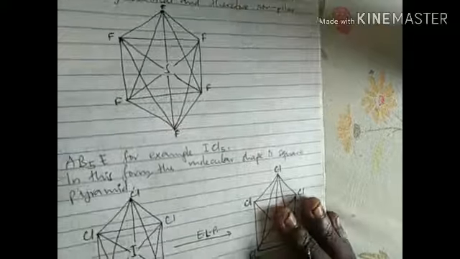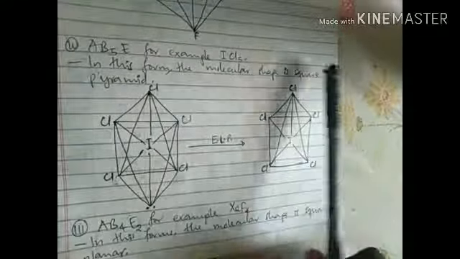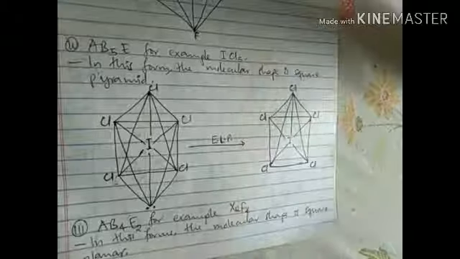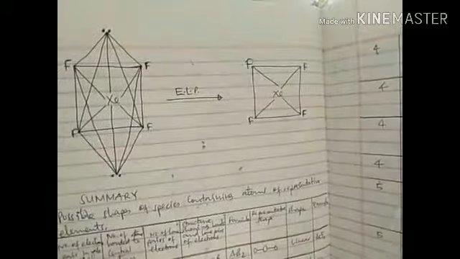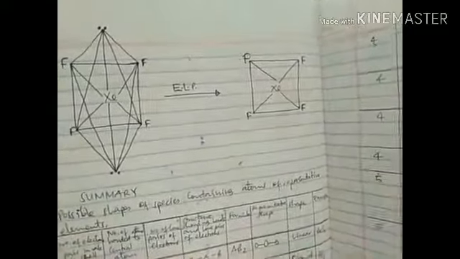And in the presence of a single lone pair, the molecular shape changes into square pyramid. And in the presence of two lone pairs, it changes into square planar. As you can see here, the presence of two lone pairs changes the shape into square planar.